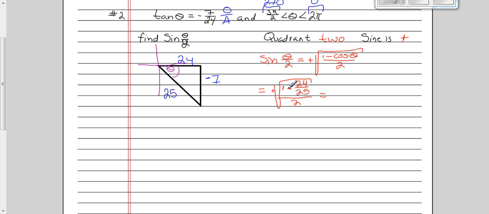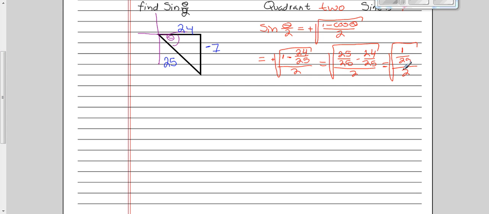Okay, now I can work this. So I'm going to do this top part here. I'm going to break this one into 25 over 25 minus still 24 over 25. So I'm just working out the top portion here. Okay, and I end up with 1 over 25, still all divided by 2, still square rooted.